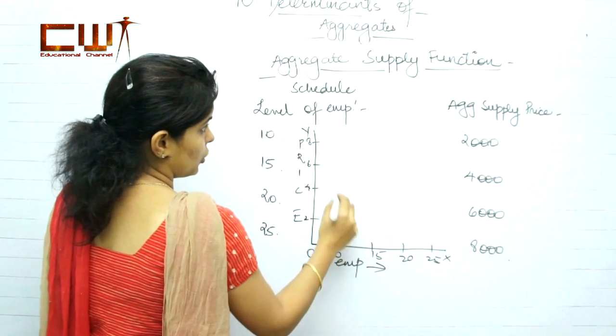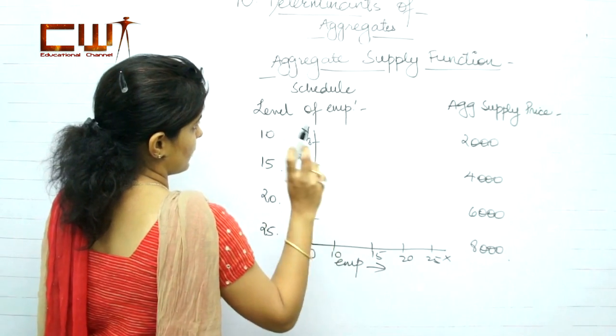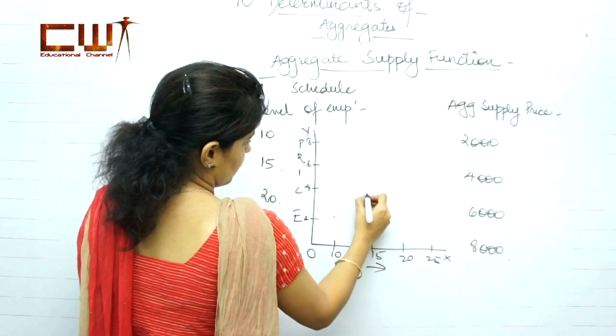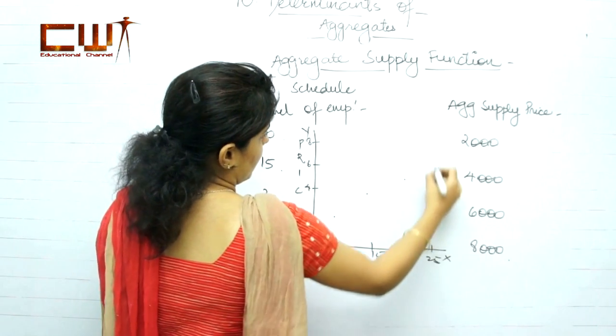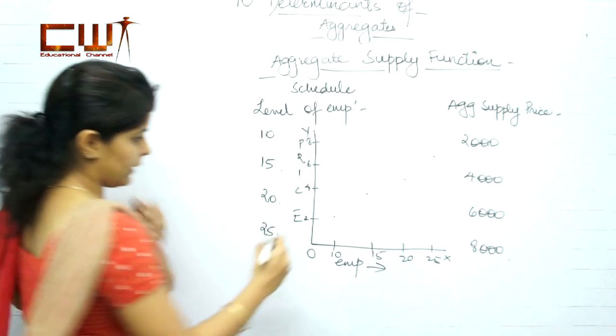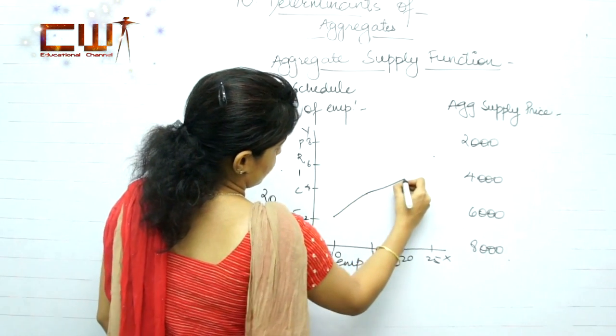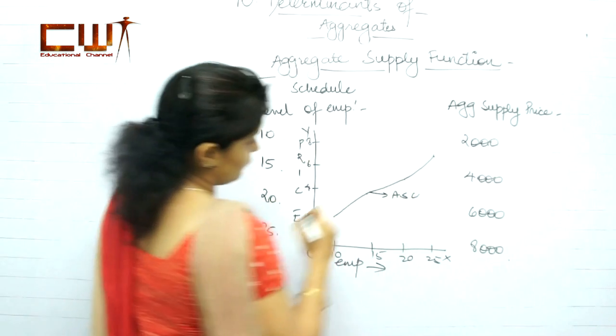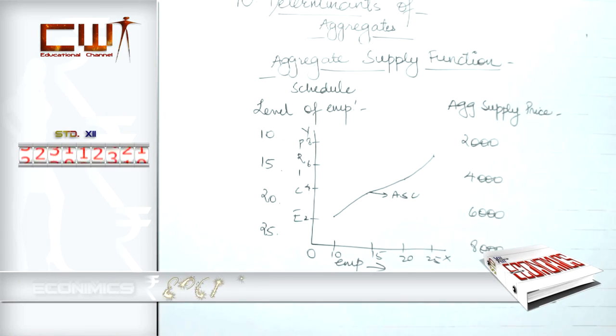At each supply price, you have the corresponding level of employment. This is the aggregate supply curve, or aggregate supply function curve.